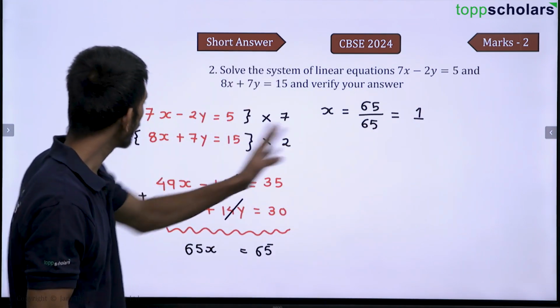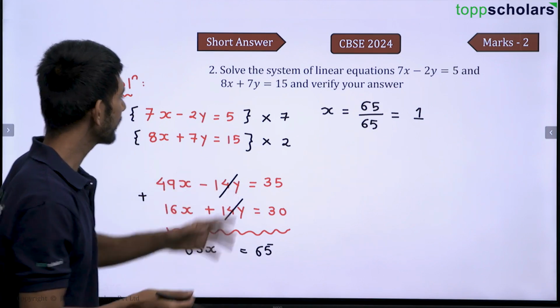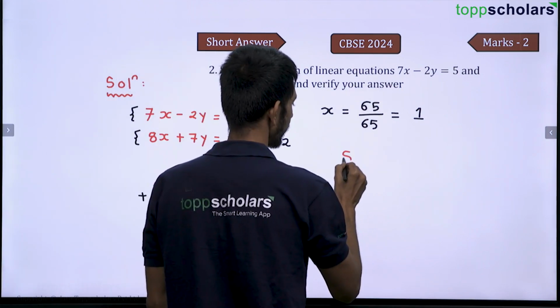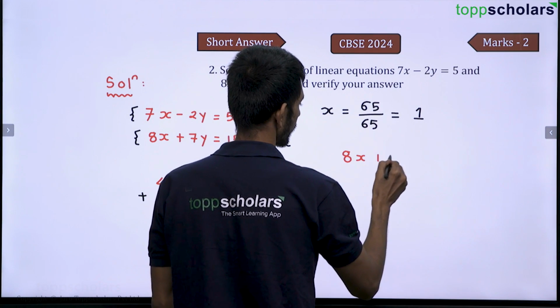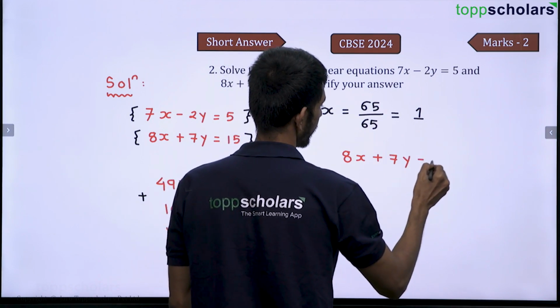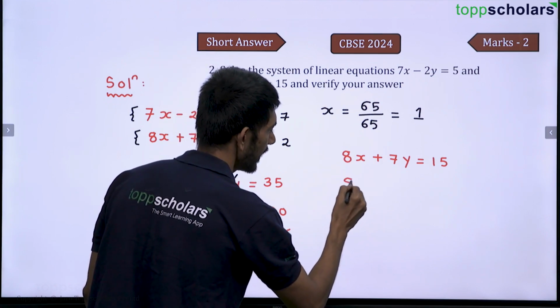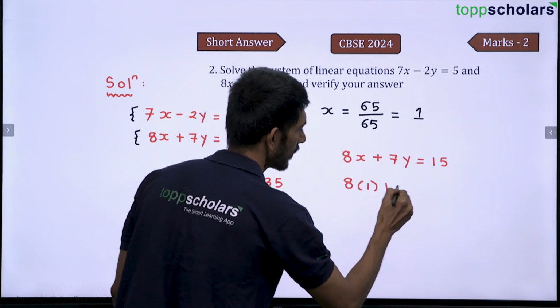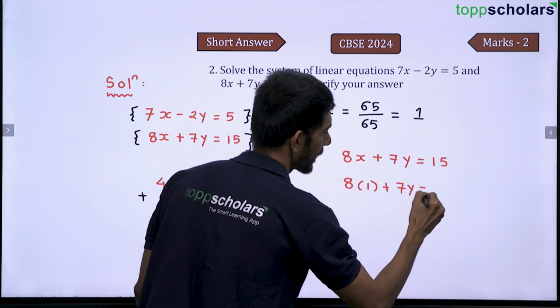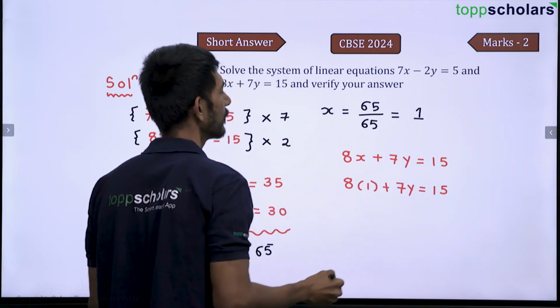Now put x is equal to 1 in any of the two equations. That is 8x plus 7y is equal to 15. Put x as 1. So 8 into 1 plus 7y is equal to 15.